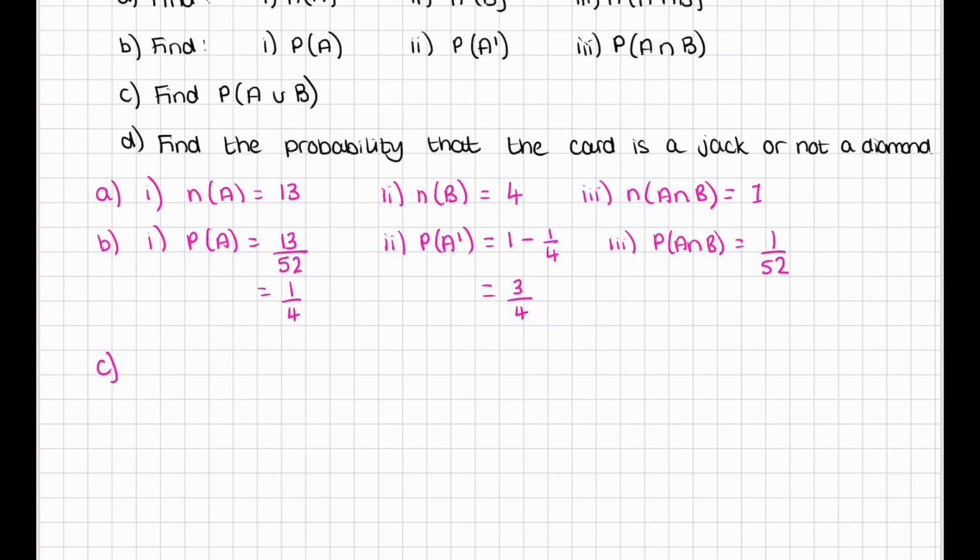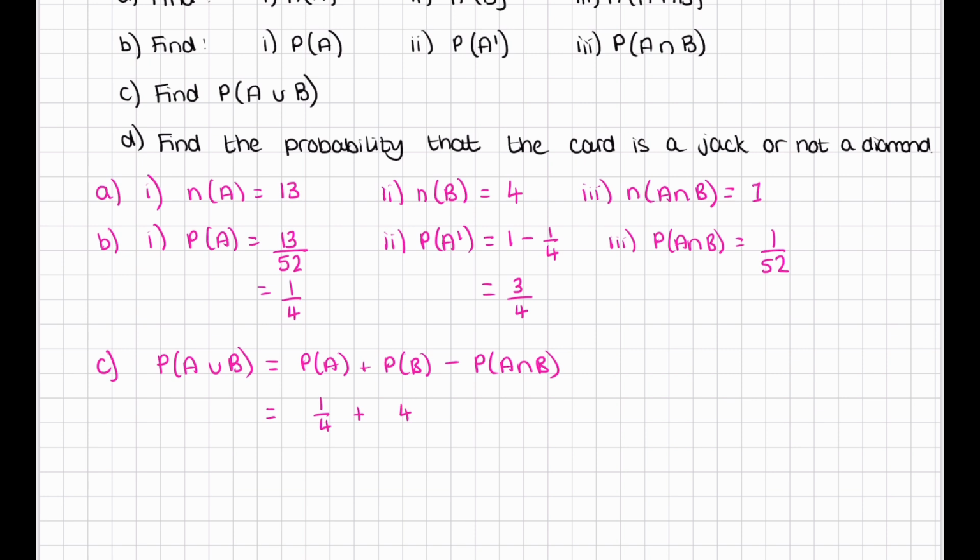Part C, find the probability of A or B. So probability of A or B, we have our rule: the probability of A plus the probability of B minus the probability of A and B. Put all our values in. Probability of A is a quarter. Probability of B, now B was a jack, which was 4, so that would be 4 out of 52, minus probability of A and B, which is 1 over 52.